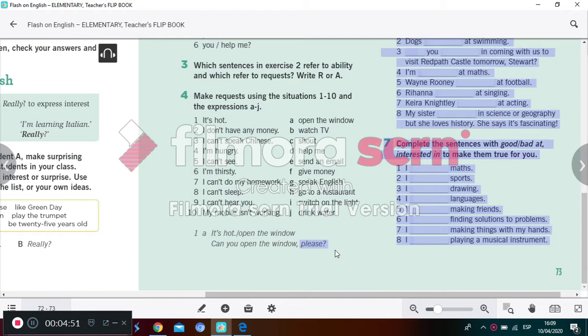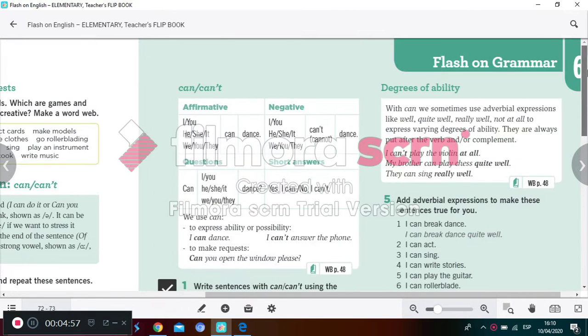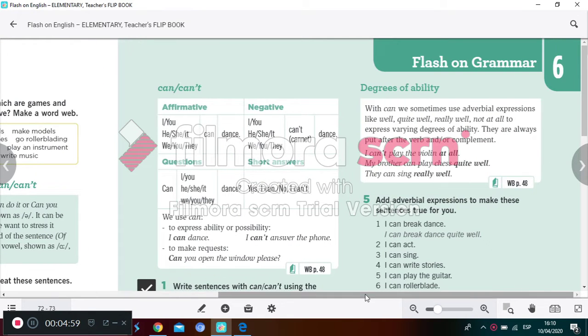Okay, students? Perfect. So let's go to activity number 5. In activity number 5, here we have a box review, to remember the degrees of ability. Remember, we use the degrees of ability to say how we do an action.